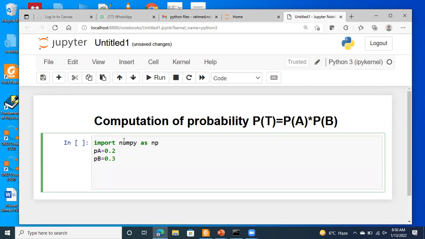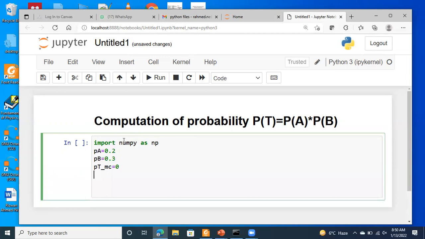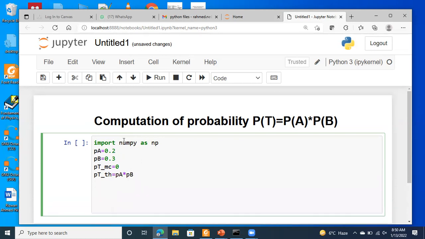And let's set the top event probability of T Monte Carlo, say it's 0, and we know that the probability of the top event theoretically is equal to PA times PB, right?